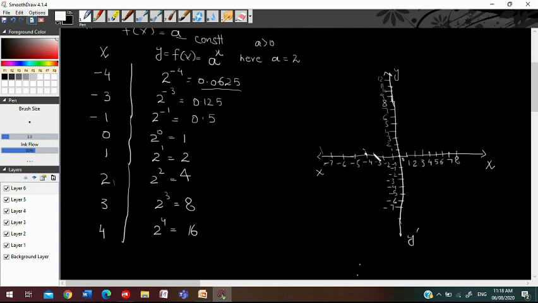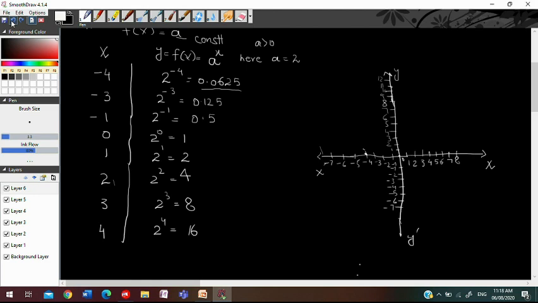This is the -3 on the x-axis, and the y-axis value is 0.125. Very small change between these 2 points. Then 0.5, half of 1. I'm going a little above 1 because the values are very small. Let me settle this.